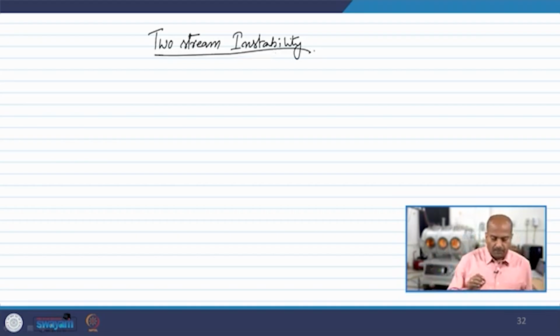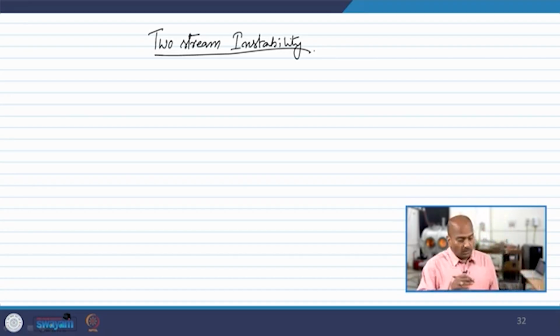We will just consider two fluids. As an example, we will consider streaming instability in which a uniform unmagnetized plasma in which electrons and ions are basically the two fluids, they are drifting with respect to each other. Now, we are not talking about a situation in which electrons and ions are moving with the same velocity. Okay.